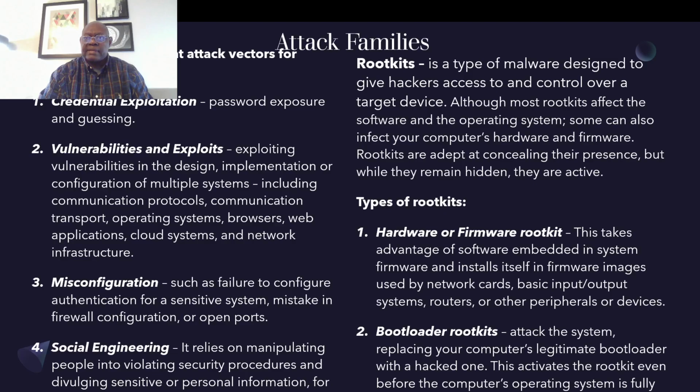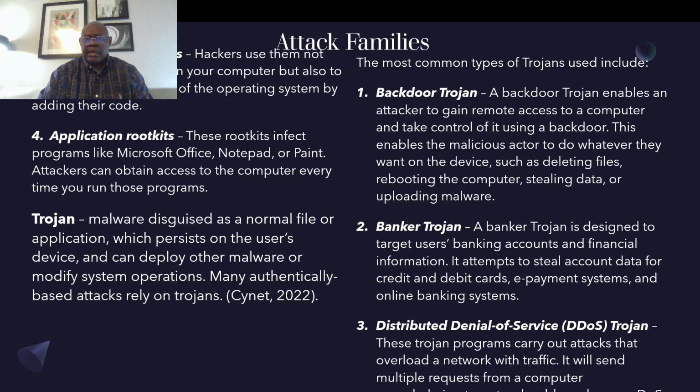We have rootkits. These are just malware designed to give hackers access to and control over the target device. Different types of rootkits: hardware and firmware rootkits, bootloader rootkits, and kernel mode rootkits. Hackers use them not only to access the files on the computer, but also to change the functionality of the operating system.